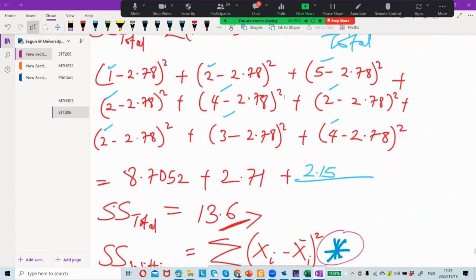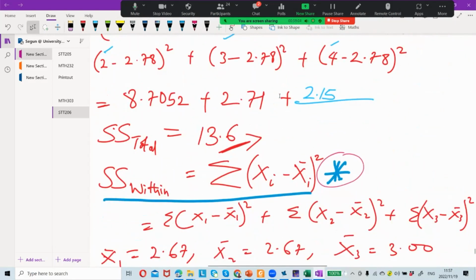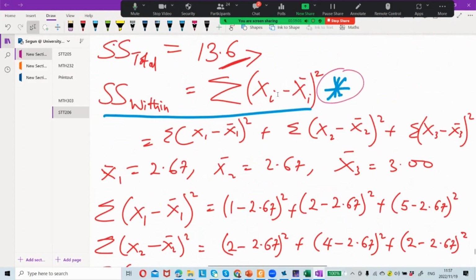So now they said we need the formula within, meaning each of the x one by one. So for group 1, this is group 1 minus the average of group 1, and square it.